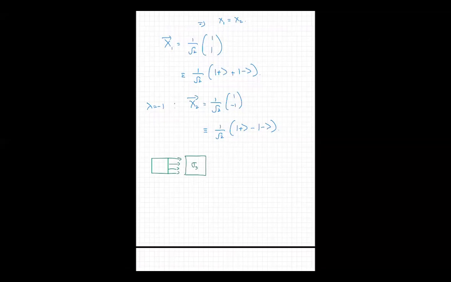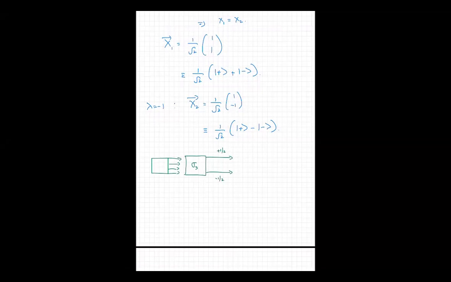Well, quantum mechanics tells you that the possible values of measurement of sigma 3 are the eigenvalues of sigma 3. So I will get either a beam with eigenvalue equal to plus 1/2 or a beam with eigenvalue equal to minus 1/2, right? In fact, I will get two beams with equal intensities. One has eigenvalue of sigma 3 equal to plus 1/2 and one has eigenvalue equal to minus 1/2.